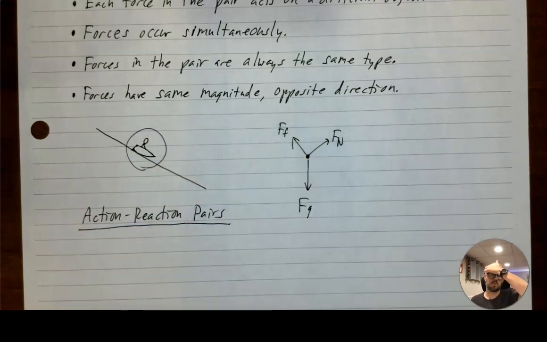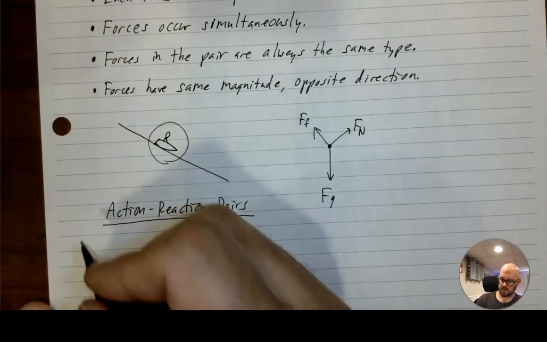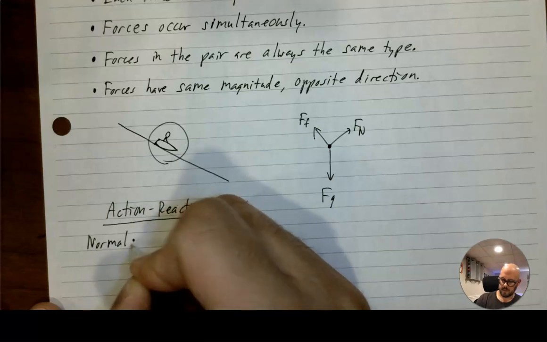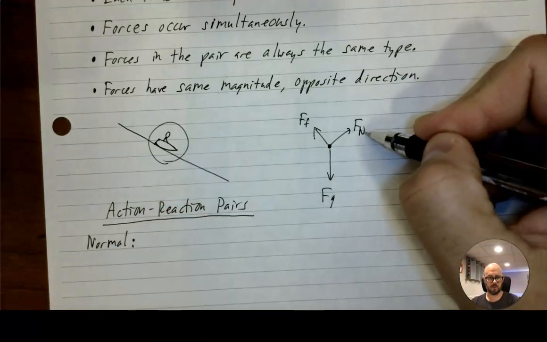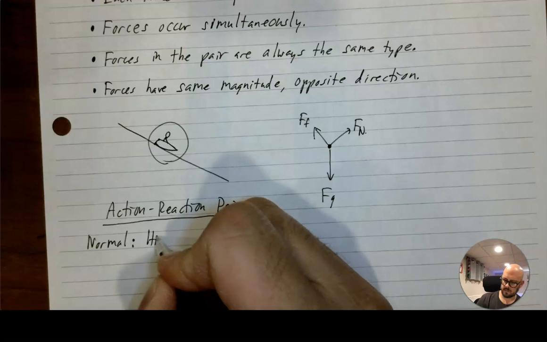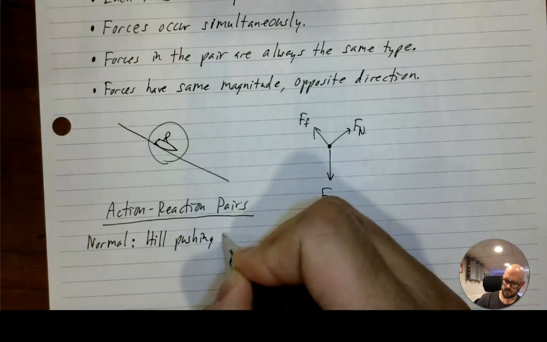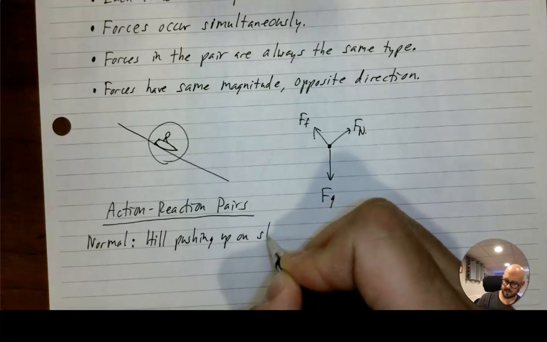Okay, so we will start with the normal force. Now this arrow represents the hill pushing up on the sled.